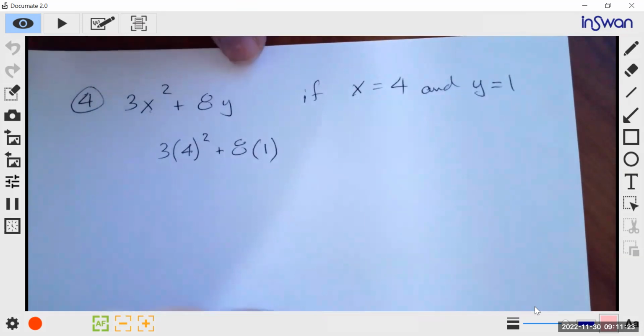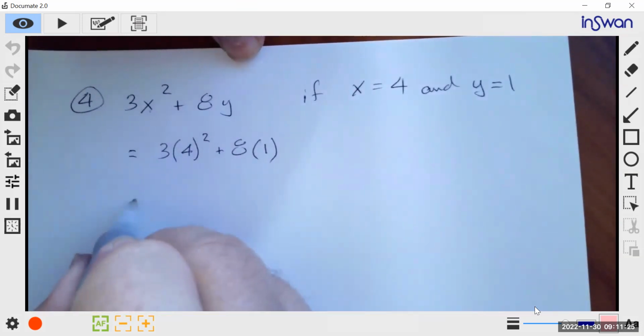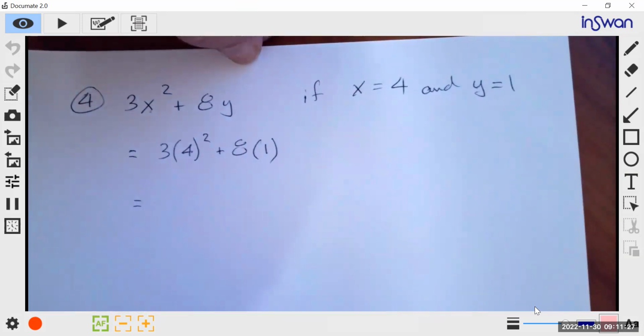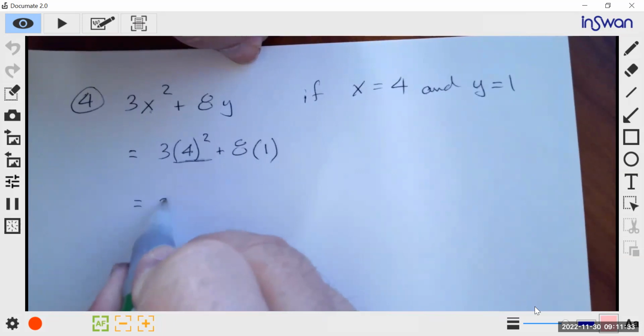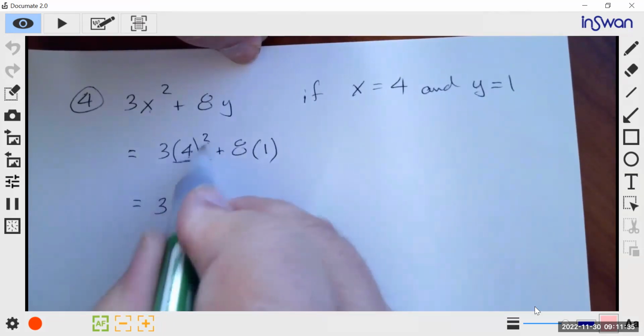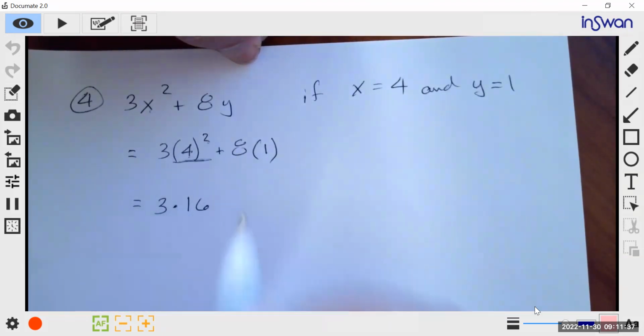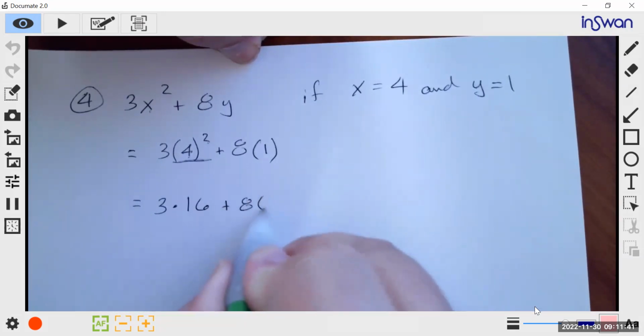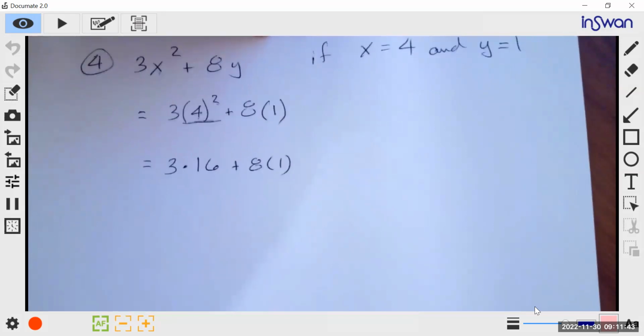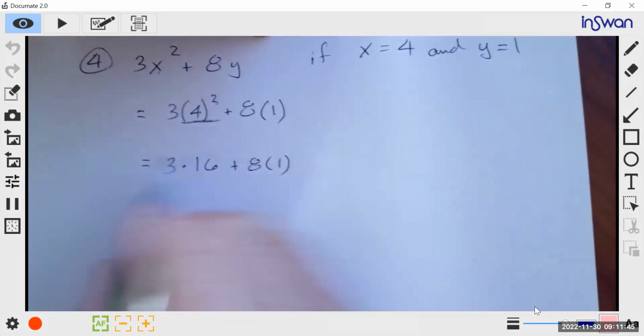So I substitute those. Order of operations, do what first? Exponents. So 4 squared is 16. Plus 8 times 1. Left to right, there's no special operations.